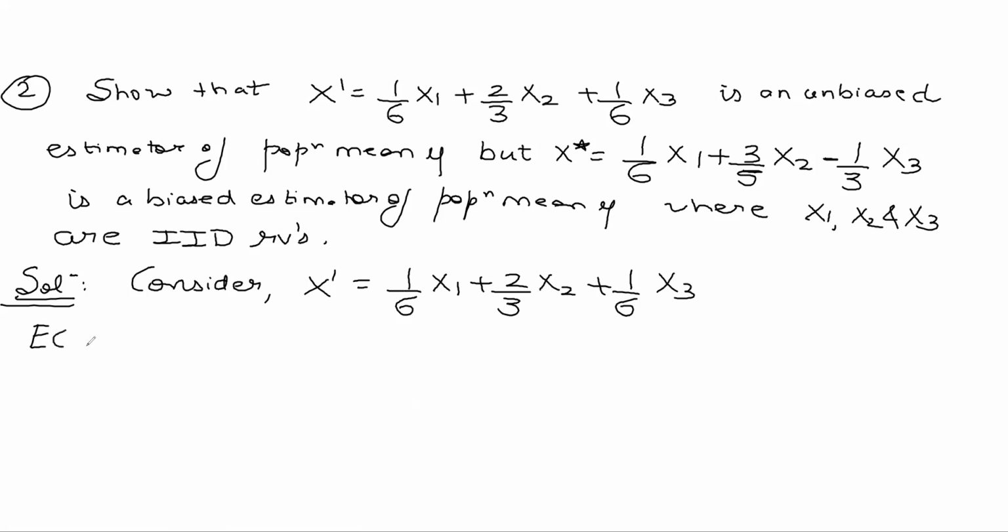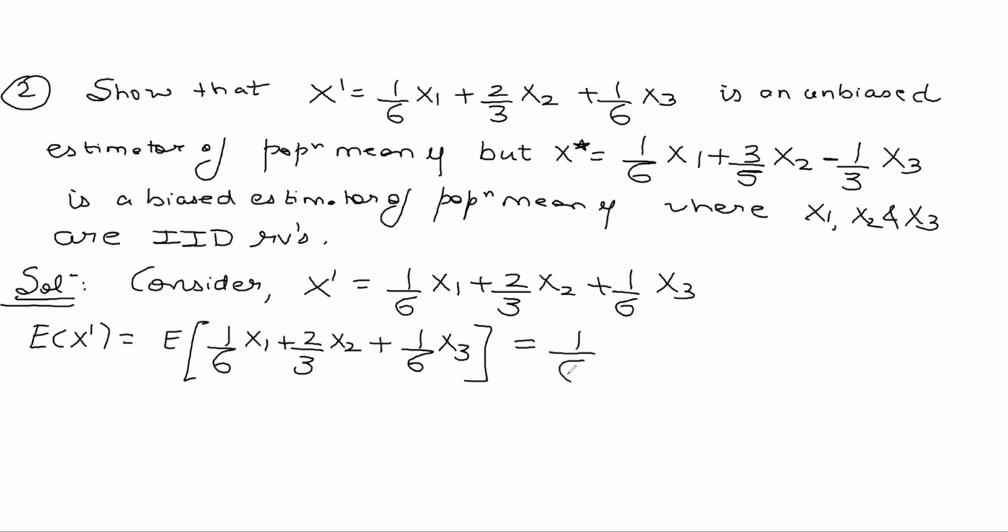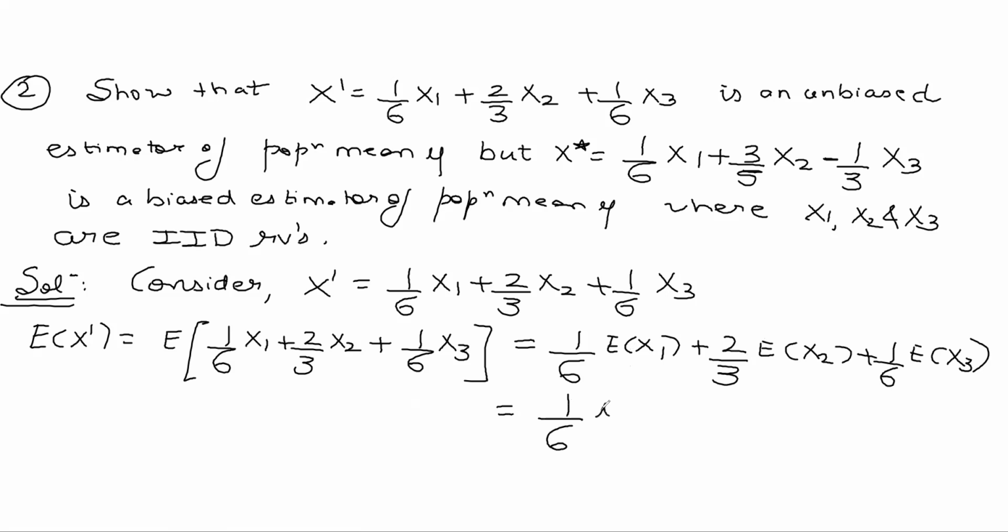So if I do expected value of x dash, it's expected value of this term, which I can further write as 1/6 of expected value of x1 plus 2/3 of expected value of x2 plus 1/6 of expected value of x3, which I can write as 1/6 of E of x1 is mu, 2/3 of E of x2 is also mu, 1/6 of E of x3 is also mu.